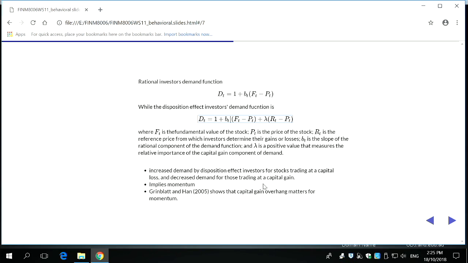And if there's a capital gain, the demand will be lower. Capital gain means the price will be higher than your reference price. So if the price is higher than that reference price, this will be negative, so the demand will be lower than your initial demand.